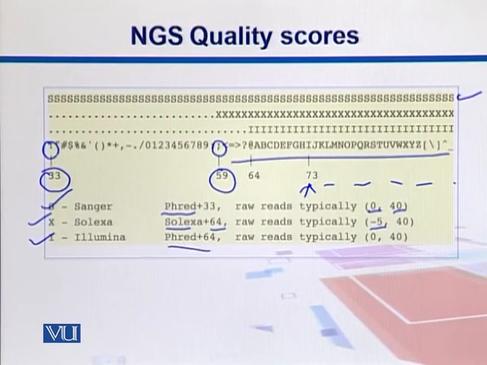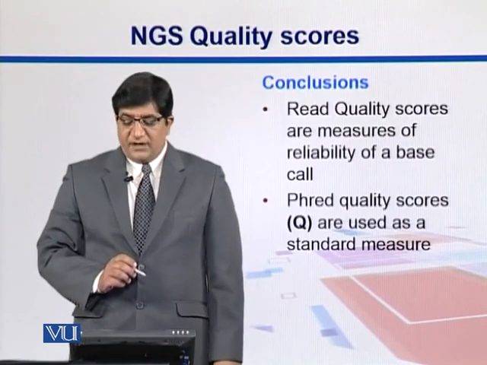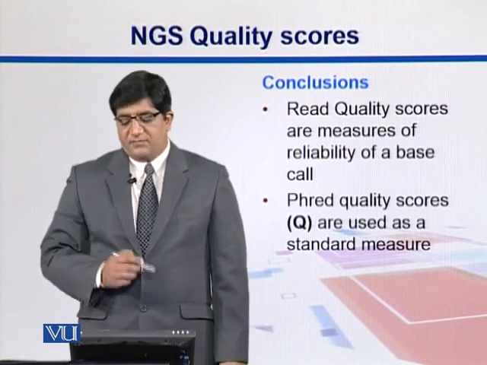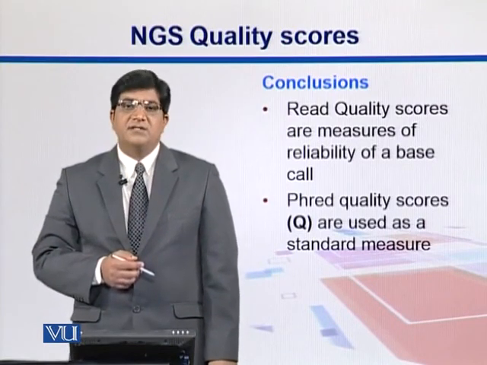They use Phred scores and add 64, so obviously they start from here and use these characters. If you are using some software, you need to specify which scheme the quality scores are using. That is an important task to do. What we have seen so far is that read quality scores are measures of the reliability of a base call, and Phred quality scores are used as a standard measure.